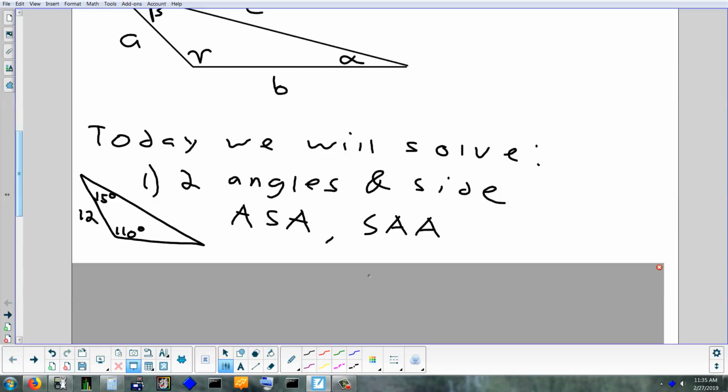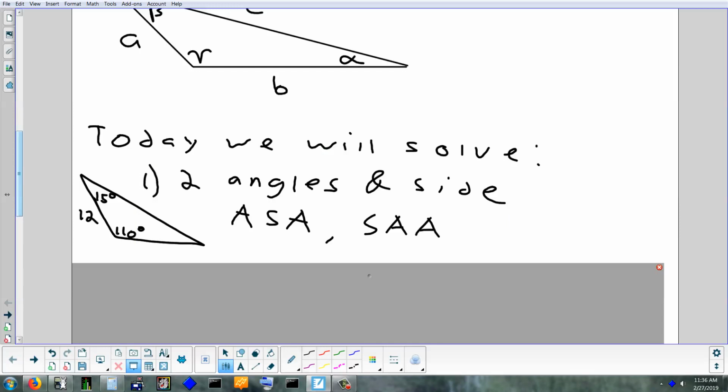So in this case, you've got 2 angles, and you have the side that's between them. It's the side that's between the 2 angles. Okay? So if you did proofs in geometry, you might have used these abbreviations when you do proofs. We're not really using them to do proofs. We're just using them to describe the 3 things we know.